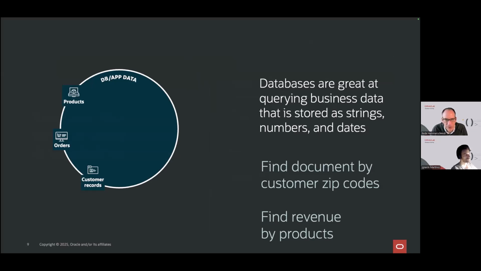The record could have been a relational row format, or a field value in a JSON. A query would have been, for example, find me all the documents for a customer in that zip code. Or you could have analytical queries where you say aggregate the revenue by product. But you were basically using the database to compare or filter values based on numbers, strings, and dates, using range queries or equality queries.